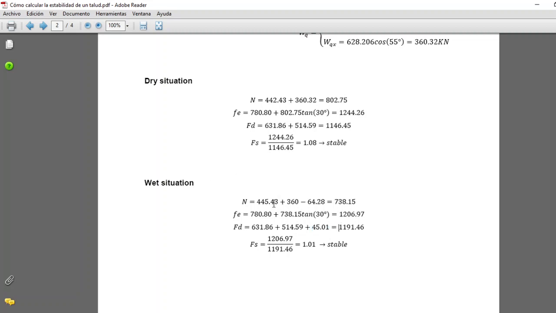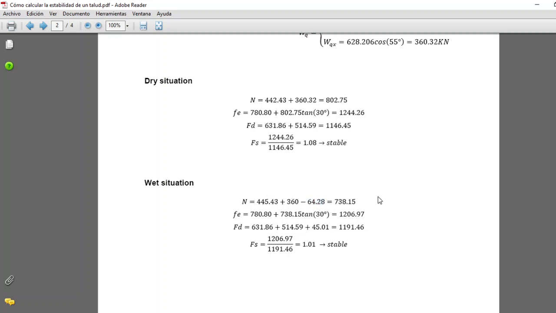And for the EJ, the component J, it's the same but with the sine, 78.44 by the sine of 55 degrees, and we have the result 64.28.